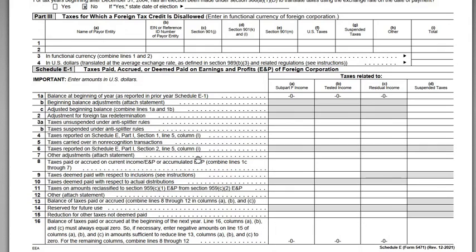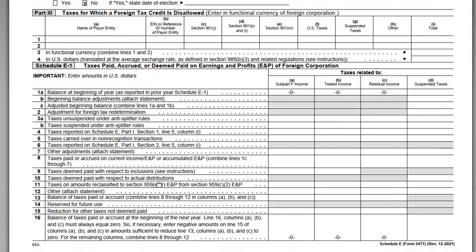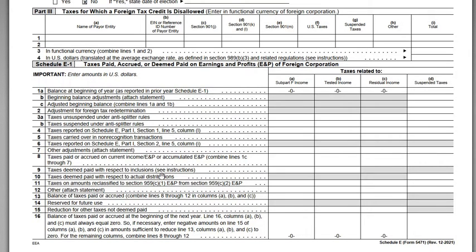So for those same reasons as in the last video, this tutorial is going to be quite straightforward and very brief because these are going to be zero balances. But I still want to go over the E-1 schedule and some of the relevant columns and line items here.